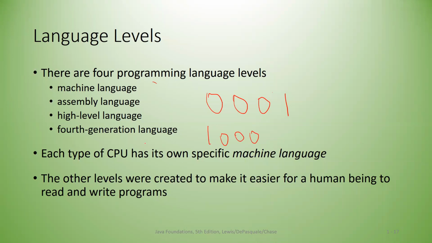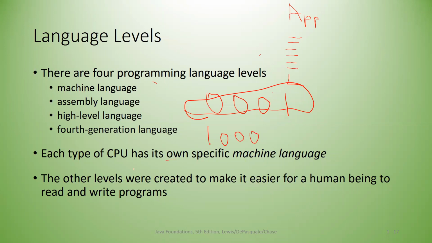Okay, the other levels were created to make it easier for a human being to read and write programs. So the lowest level is machine language, and that's this. The highest level is high-level language application. Actually, those are programs written with high-level language, and in between you have many layers.